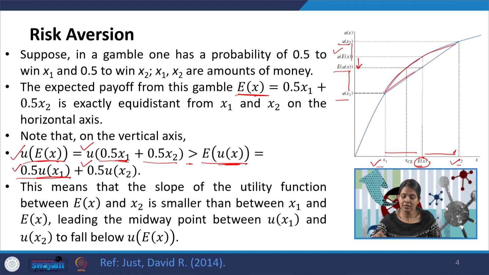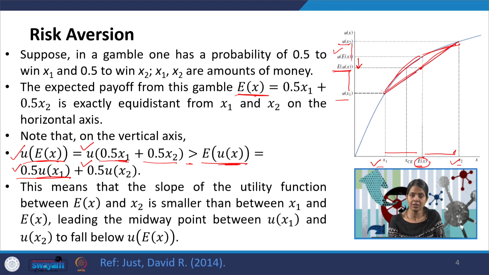If we consider this stretch where the expected value lies exactly in between, the horizontal distances are the same, but here the slope is steeper and here it is smaller. That is what is mentioned here: the slope of the utility function between Ex and x2 is smaller than between x1 and Ex, leading the midway point between U(x1) and U(x2) to fall below U(Ex).